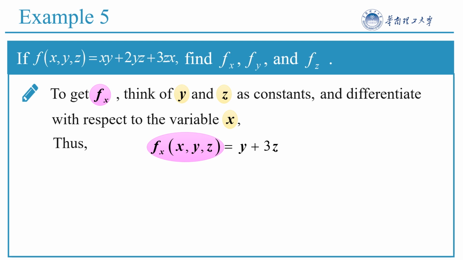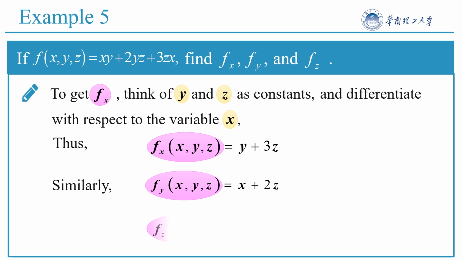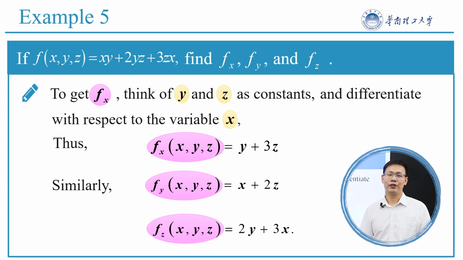To get the partial derivative of f about y, take x and z as constants. Find the derivative about y. The result is x plus 2 times z. Similarly, the partial derivative of f with respect to z is 2y plus 3x.